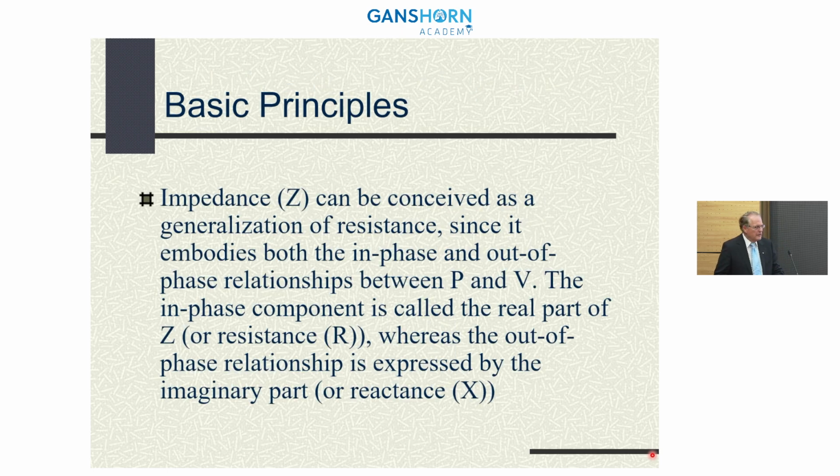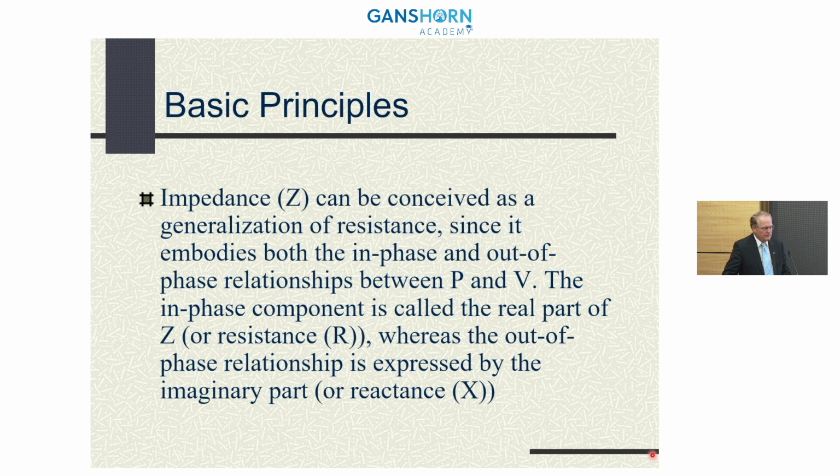So impedance itself, also known as Z, can be conceived as a generalization of resistance, since it embodies both the in-phase and out-of-phase relationships between pressure and flow. The in-phase component is called the real part of impedance, or resistance, if you want to take those other components out of it.